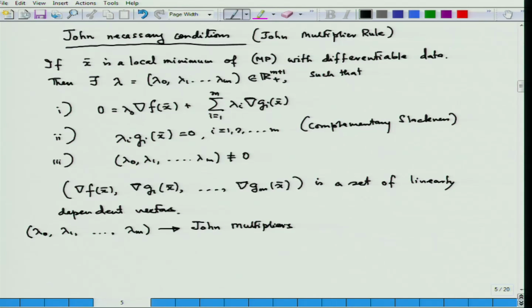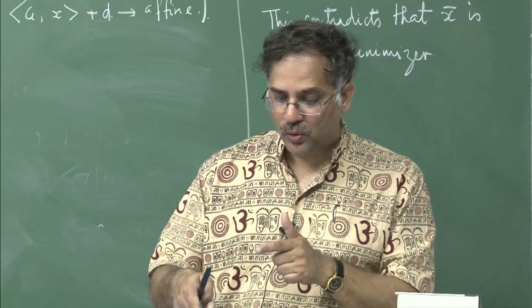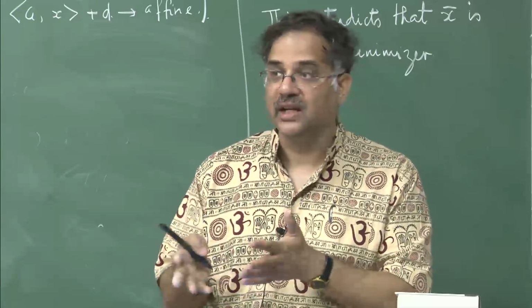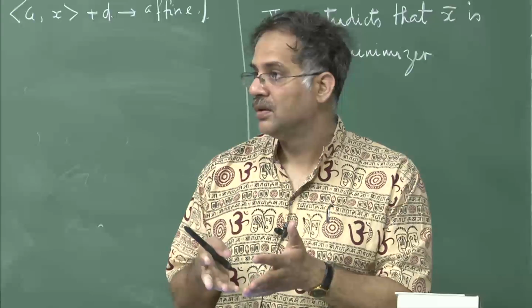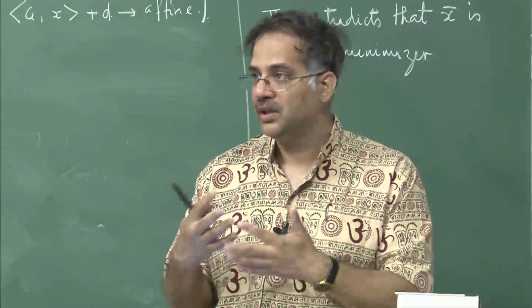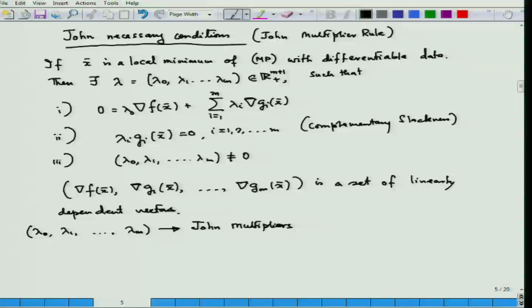See, the role of these multipliers is essentially to relate the components of the vector x so that you can actually find a solution. That is the whole idea of the multipliers when you look at it from a computational perspective. So, this is called the set of John multipliers.